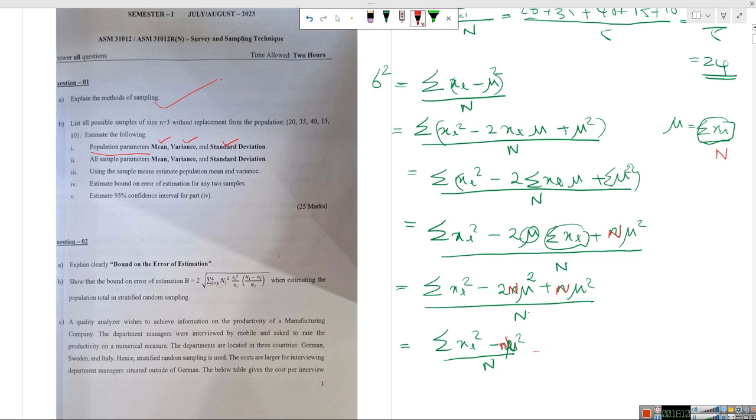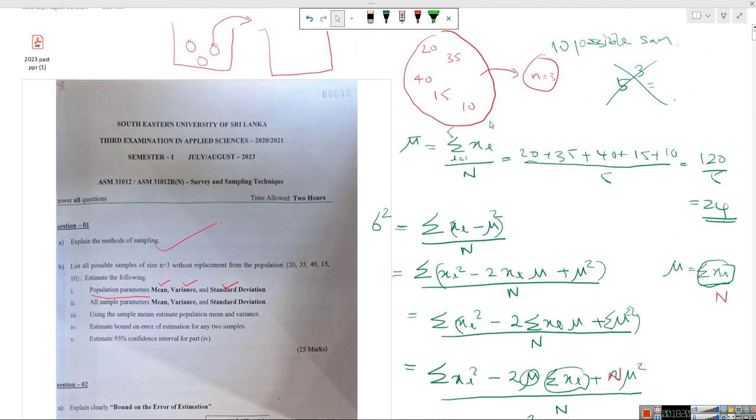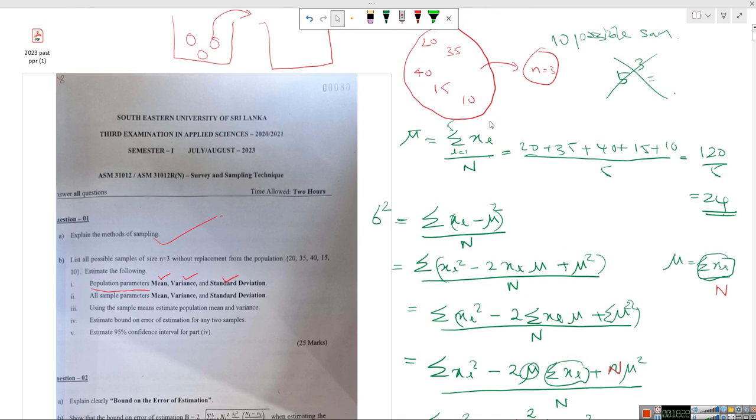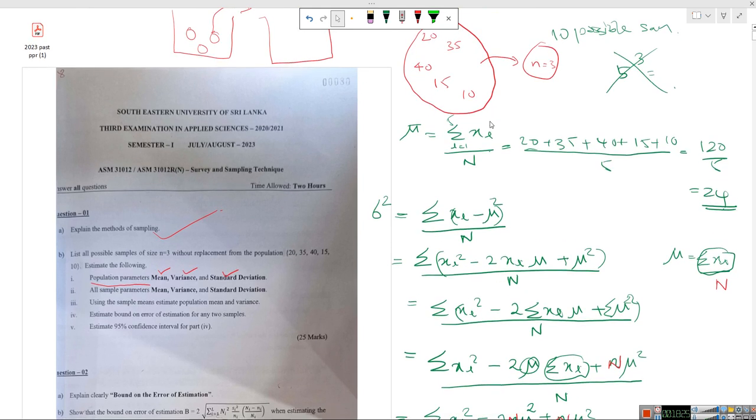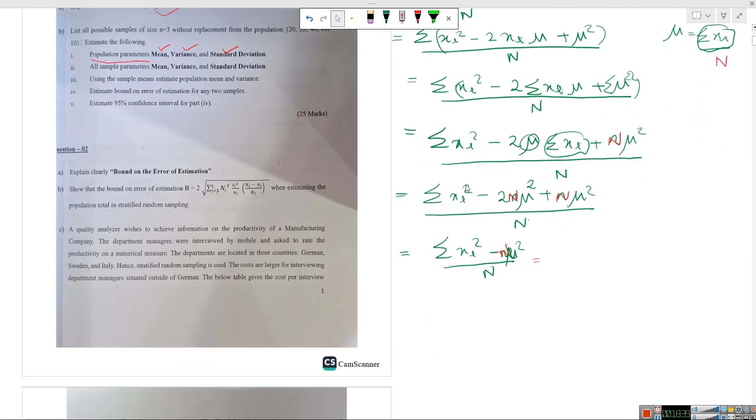Now this will be equal to summation xi squared, right? Summation xi squared means we have to find 20 squared plus 35 squared plus 40 squared, that one, okay? So let me just copy this and paste here.